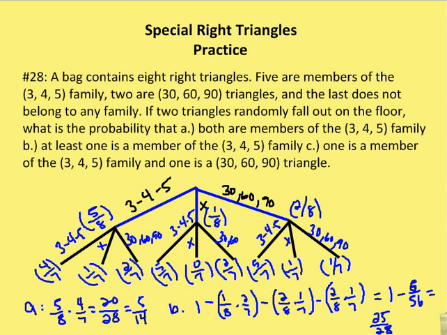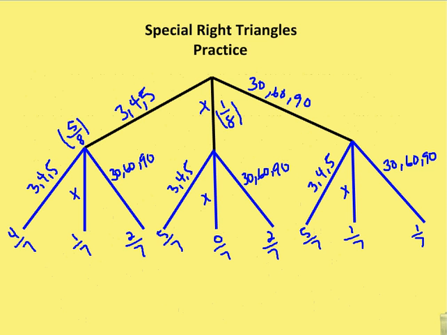All right, the final question says 1 is a 30, 60, 90 triangle. I'm sorry, 1 is a member of the 3, 4, 5 family, and then 1 is a 30, 60, 90 triangle. So 1 member of the 3, 4, 5 family, and then 1 of the 30, 60, 90 triangles. So my first possibility is I draw a 3, 4, 5 family triangle, and then a 30, 60, 90 triangle.